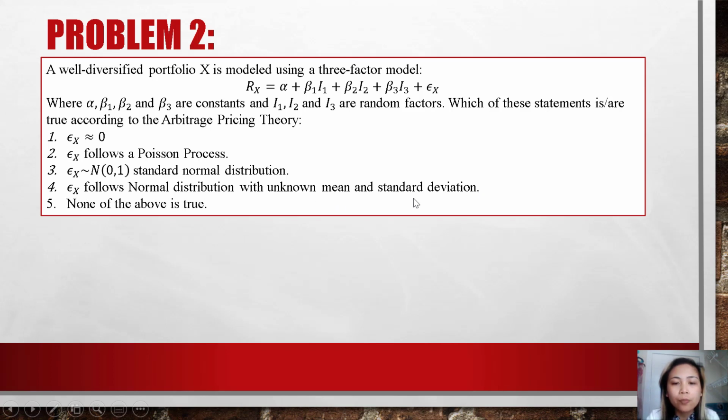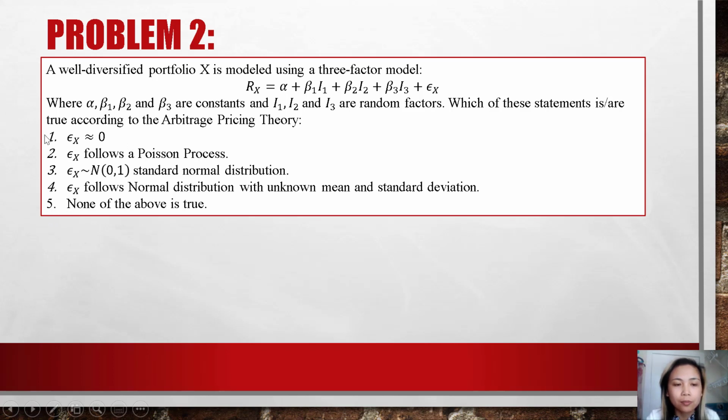This is wrong because we should know the mean. Mean is 0. Epsilon X follows normal distribution with mean 0 and unknown standard deviation. So this is partially correct. But if we judge the whole statement, this is incorrect. So we got 1 is true, 2, 3, and 4 are false. So of course 5 is false.